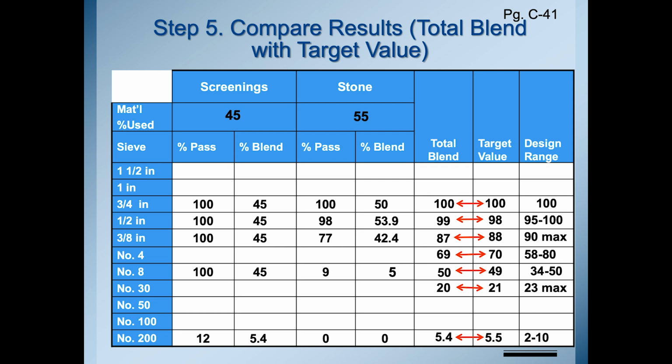Our total blend achieved a 69, so we're right on top of the target there. We had a target of 21 for the number 30 sieve, and our total blend achieved a 20. And even on the 200, we were within one decimal point of meeting our target. We had 5.4 for the total blend compared to a 5.5 target.